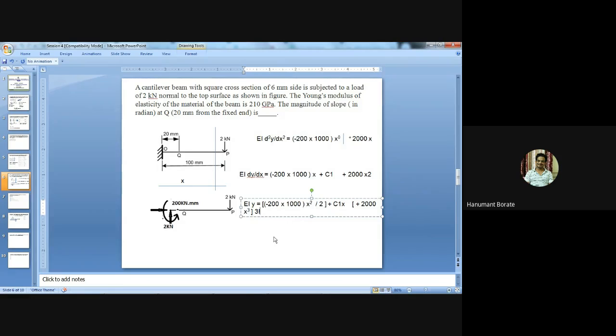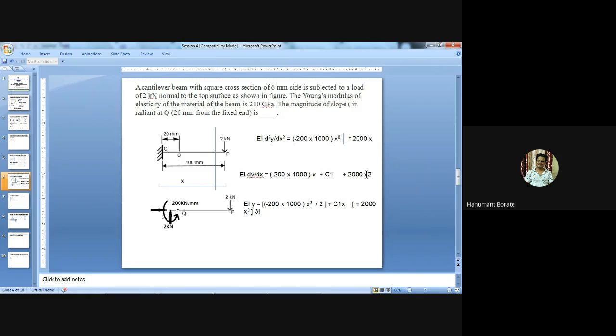Right. Now to calculate the slope, we are going to use equation number 2, but for this we need to calculate the value of c1. Here the value of x will be 20 mm, because we have taken the section at a distance x, but we can move this section from 0 to 100 mm, and we need to calculate the slope at a distance of 20 mm.